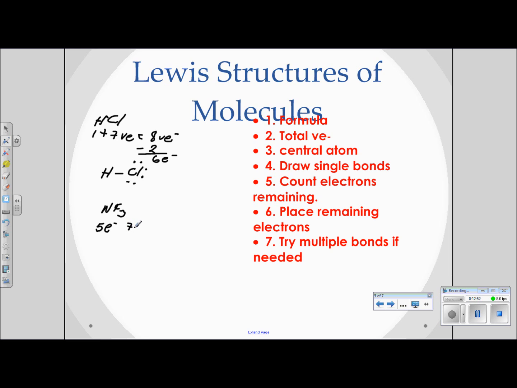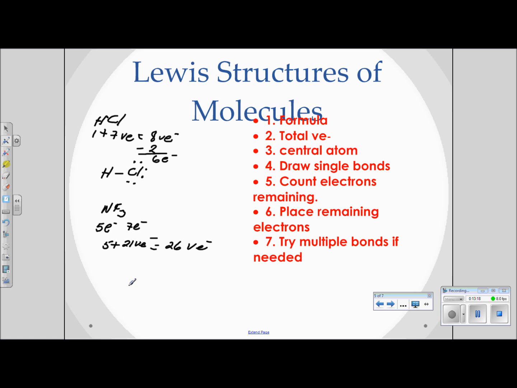However, there are 3 fluorines, so we have to multiply this number. 7 times 3 is 21 valence electrons, plus 5 that nitrogen has. That gives us a total of 26 valence electrons that need to be placed.